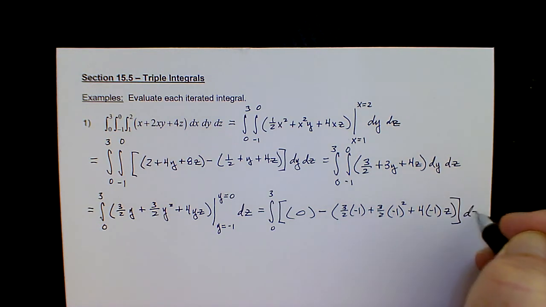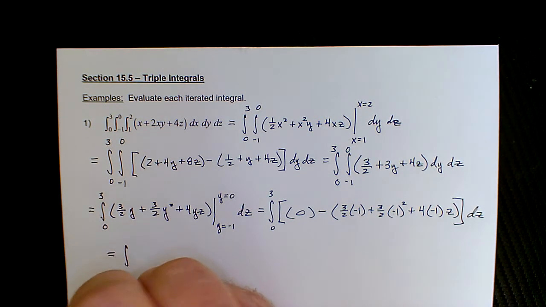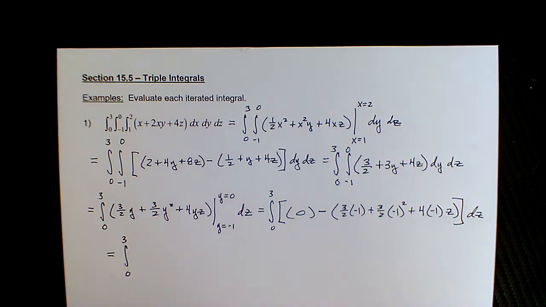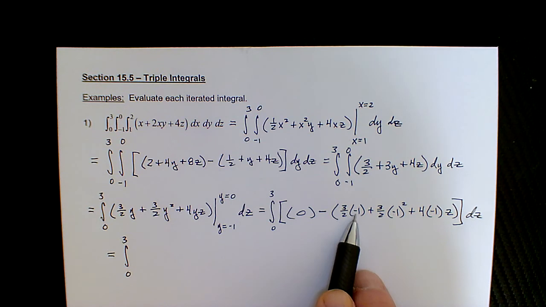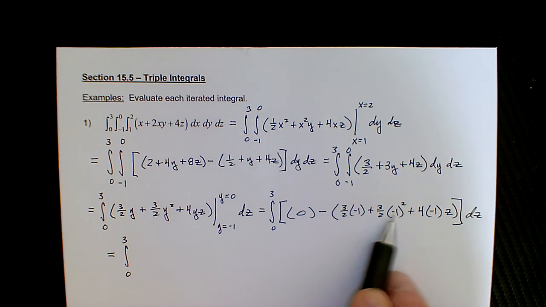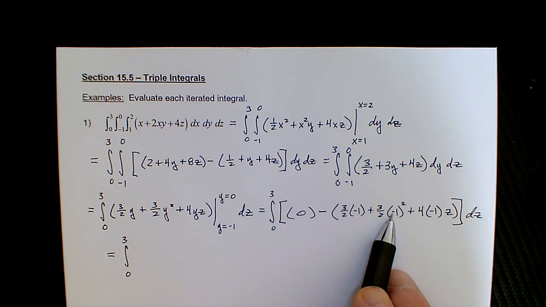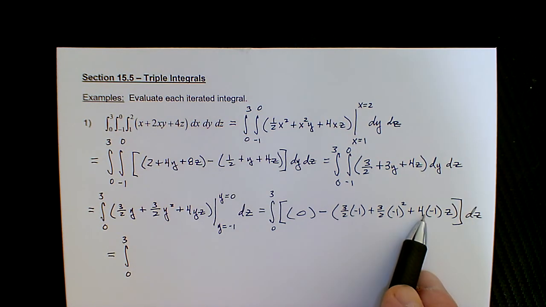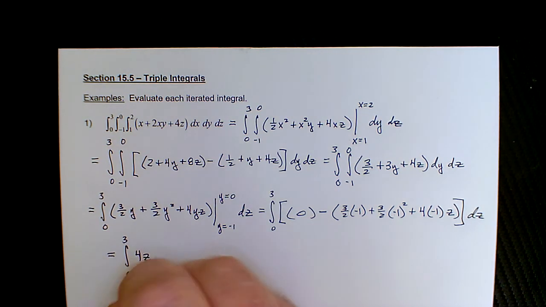And this is all going to be with respect to z. It looks like this is unfolding rather nicely at this point, because we've got a -3/2 here, and then this positive 3/2, because we're squaring this -1, makes 0. And this negative distributed would make this a positive 4z. So it looks like we just get the integral from 0 to 3 of 4z with respect to z.